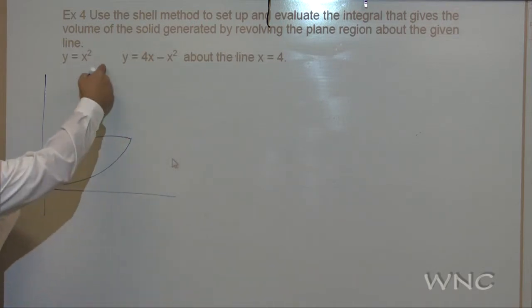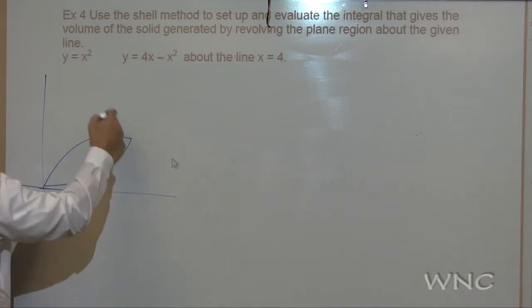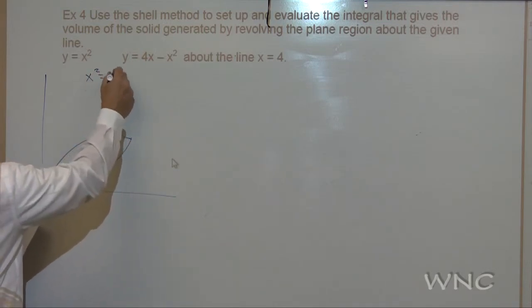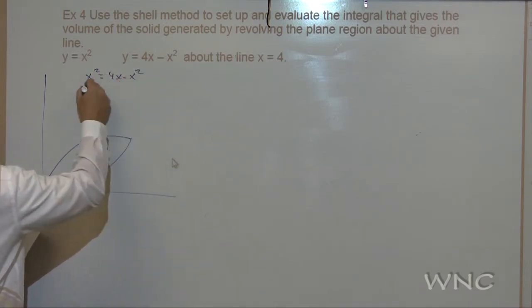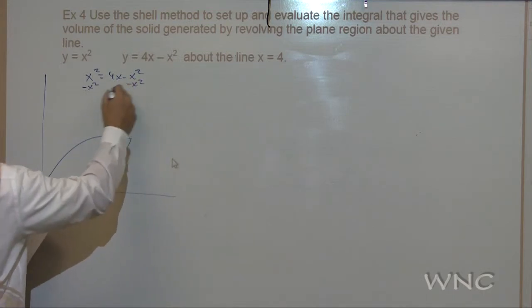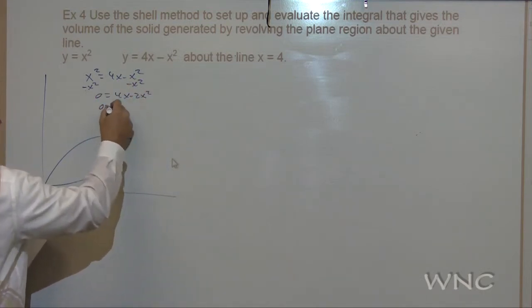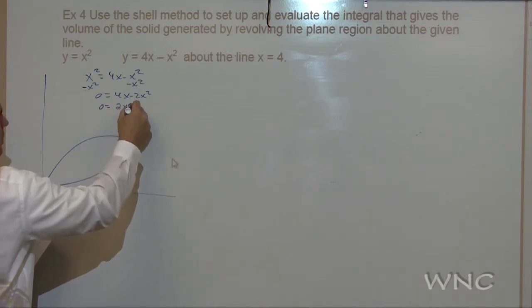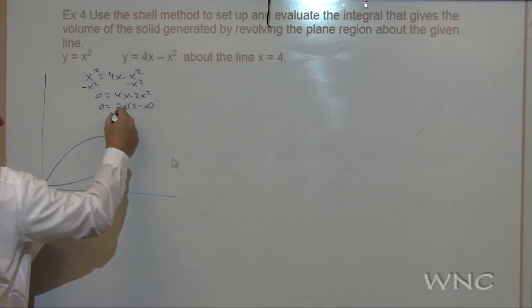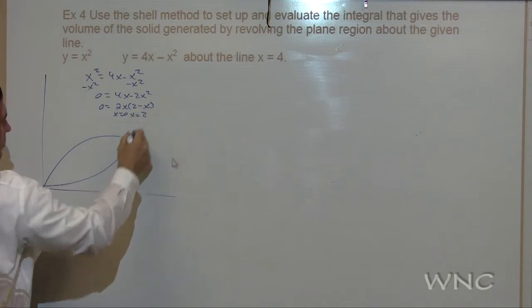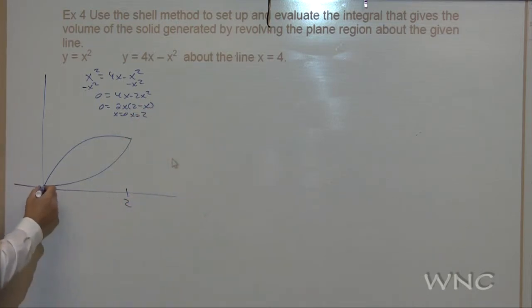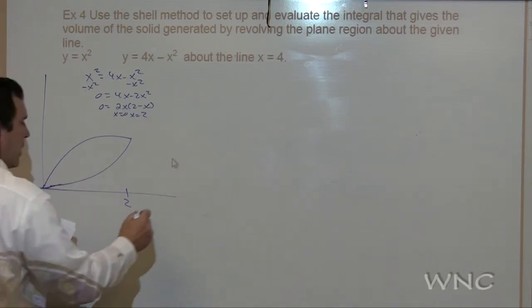And if you want to see where they're meeting, x squared equals 4x minus x squared. 0 equals 4x minus 2x squared. So that's going to be 2x times 2 minus x. So x equals 0, x equals 2. So this is a 2 here, that's 0. Okay, and then it's going about the line x equals 4.